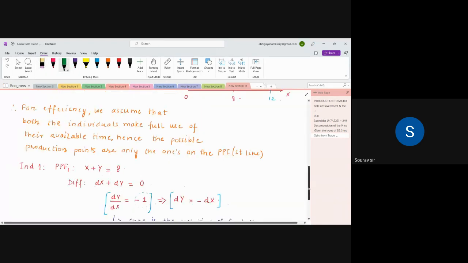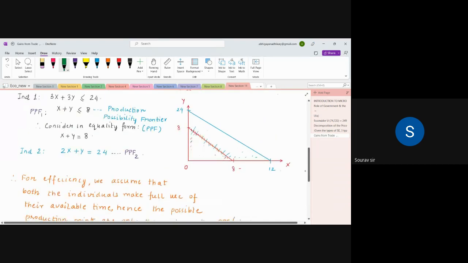Always remember that whenever you're drawing the PPF, the slope of the PPF is nothing but the relative price of the good that you have taken on the horizontal axis, not the vertical one.